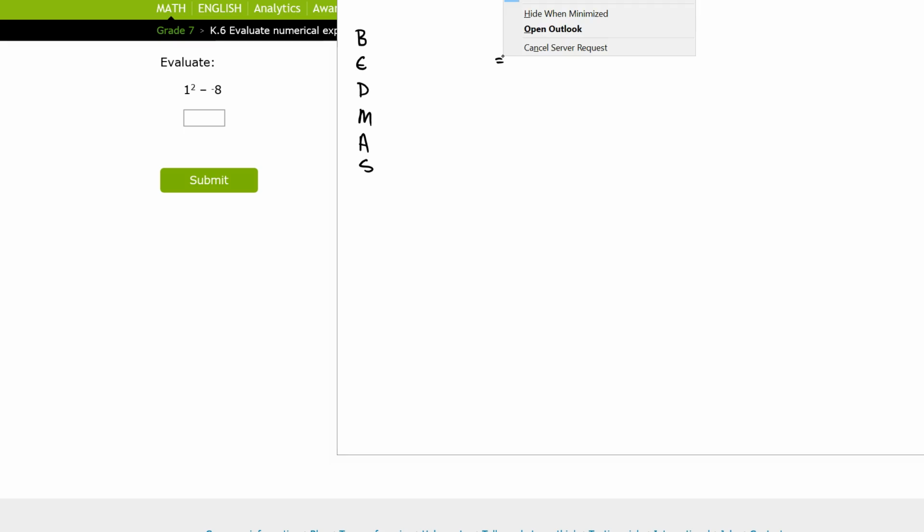Alright. So 1 squared minus -8. So we don't have any actual operations in brackets. Now here, if you wanted to change this negative beside a negative into a positive, that's fine with me. But there are no actual operations that we need to do in the bracket, so we can just skip it.